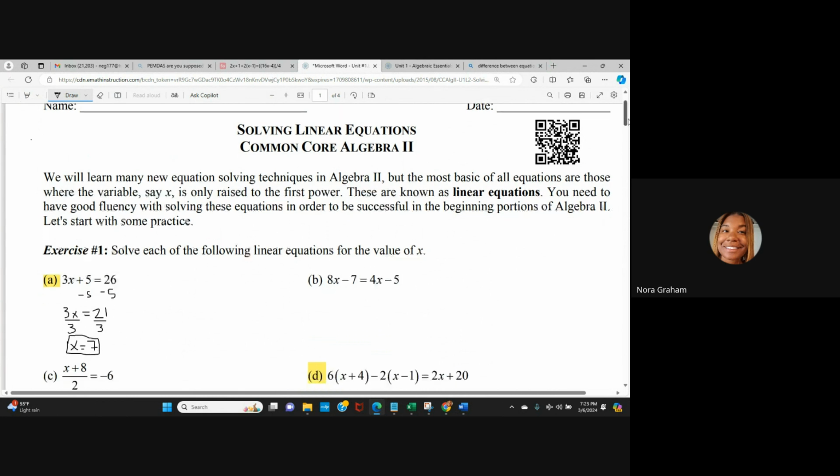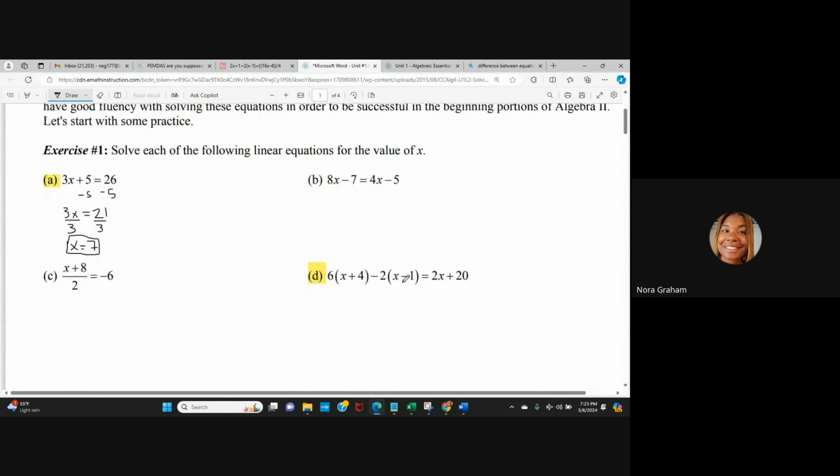Right, so let's go on to D. Again, we're just solving for x. For here, we're going to have some distributing going on. I always like to annotate when I'm solving problems so I know what I'm doing. This annotation shows I'm distributing, and that means that the 6 and the 2 have to be multiplied by everything in my parentheses.